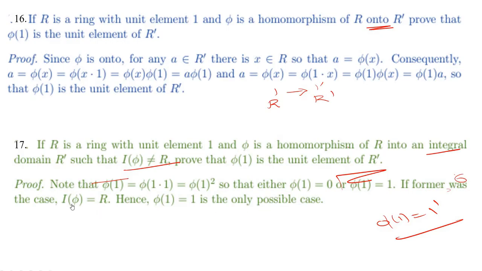In that case, we will have the kernel of phi to be the whole of R. So that is not given. Therefore, phi of 1 should be 1 prime. That is the only possible case, and therefore 1 is taken to 1 prime whenever R prime is an integral domain and kernel phi is different from R.